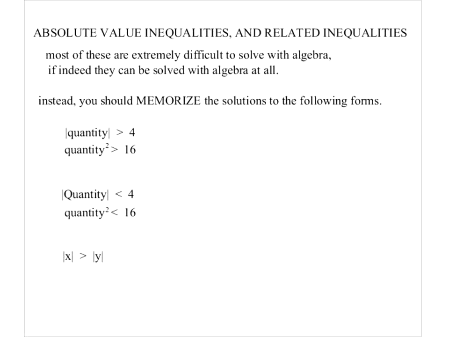So these are some basic inequalities that involve absolute values or are closely related to equations involving absolute values. Notice that these two have specific numbers in them. I'm going to go ahead and cover these up for a second. These have specific numbers in them, although I think you can see how these would be generalized.